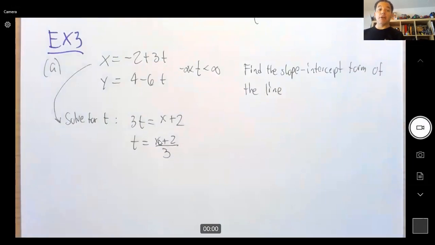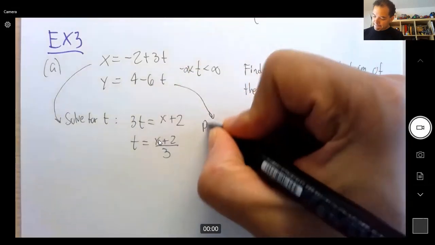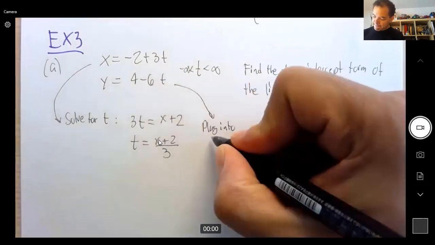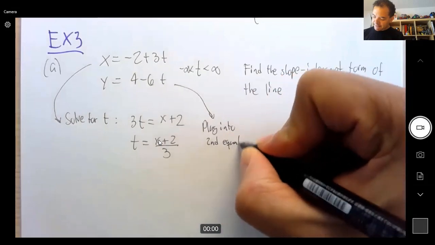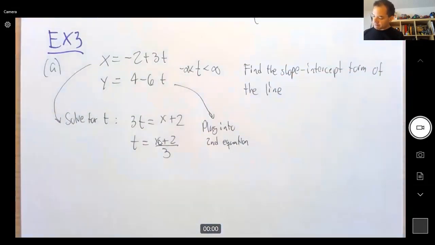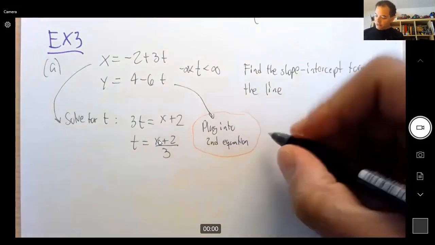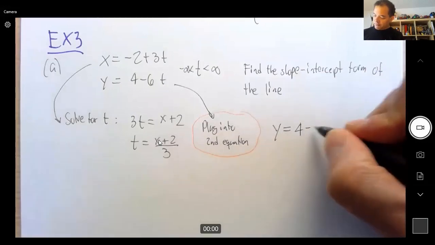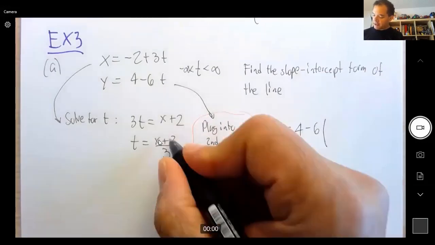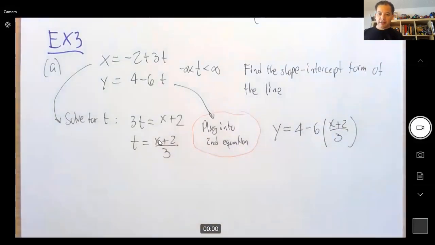And then plug into the other one. And when I do that, I get y equals 4 minus 6, and instead of t, x plus 2 divided by 3. And that's it.